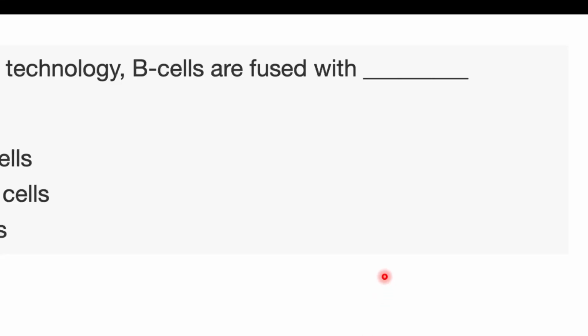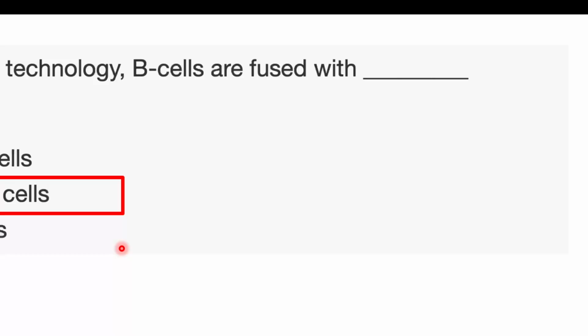Okay, it's time for me to reveal what is the correct answer. Let me check if students have answered. Shanmuga has answered myeloma cells, Manjulata myeloma cells, Vedashri myeloma, and Shravani has also answered myeloma. And the correct answer to this question is myeloma cells.